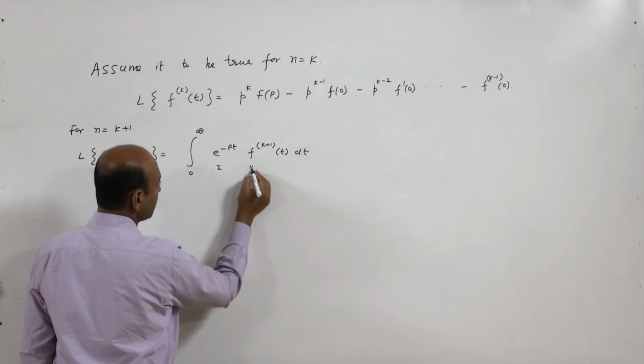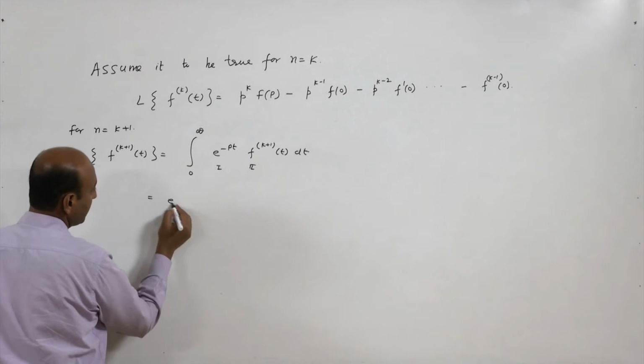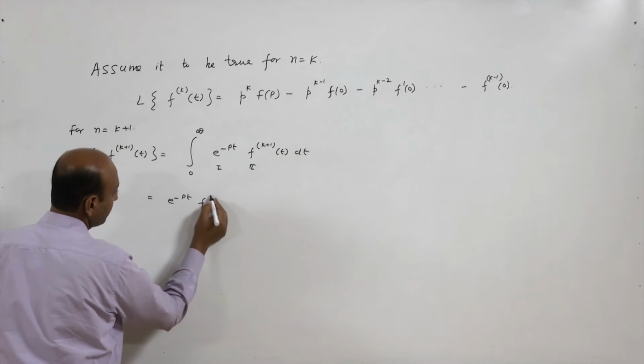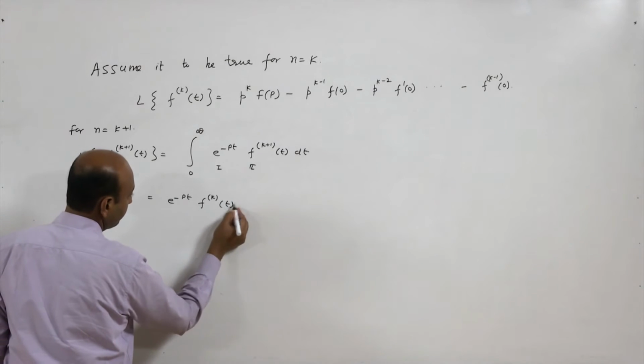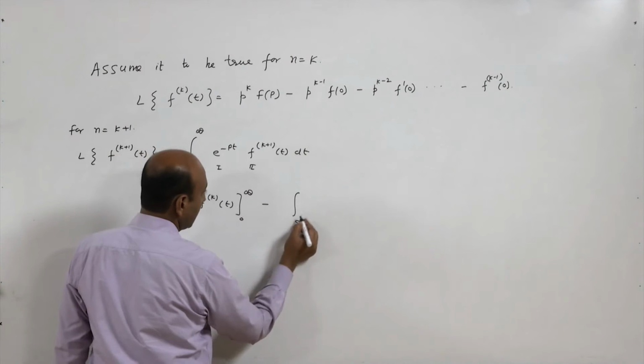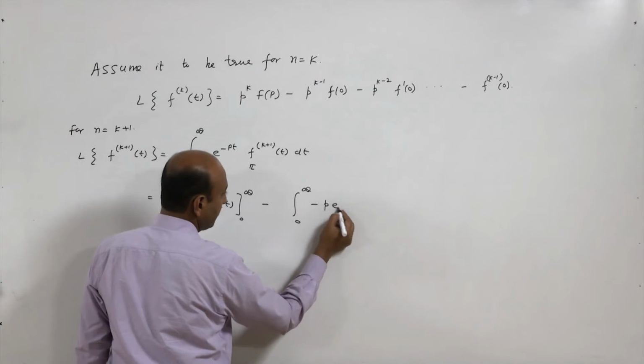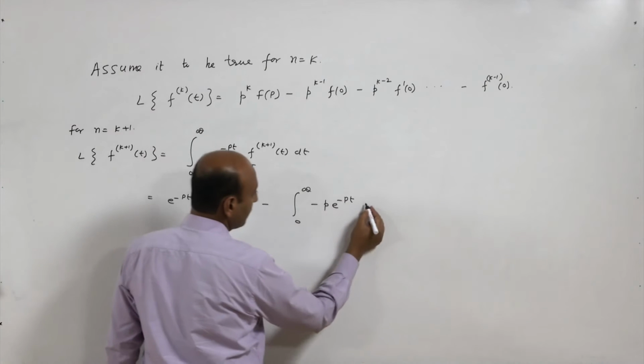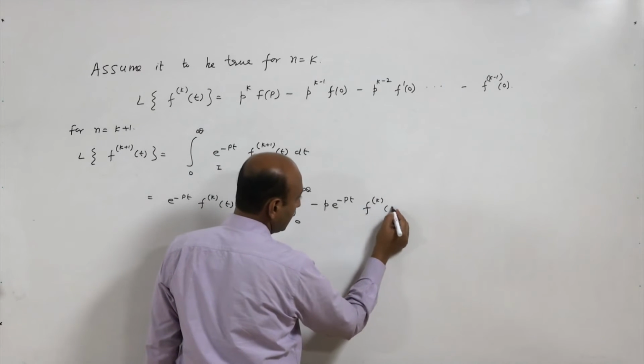Again by parts, first and second: first as it is, integral of second, from 0 to infinity, minus integral of derivative of first, which is minus p e^(-pt), times integral of second, which is the kth derivative of f(t), dt.